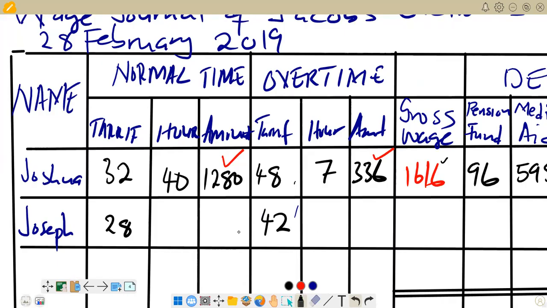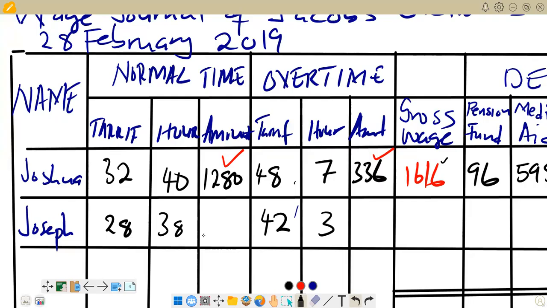And then for our rate per hour, in terms of normal time, we are given 28. Let's just maybe try to see. So the number of hours here, we have 38 for normal time, then we have got 3 for overtime. So this is what we have.